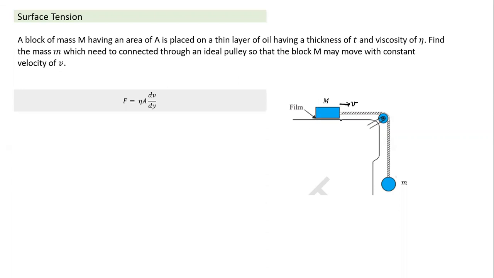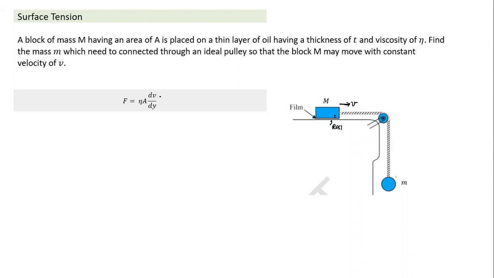And as we magnify, the bottommost layer of the film will be at rest, and the topmost layer of the film will have the same velocity V. So what will be the velocity gradient, assuming the velocity gradient to be linear here? Velocity gradient of the thin film is equal to V divided by its thickness.